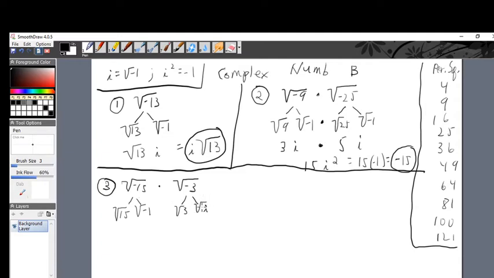This is the square root of 15 i, times the square root of 3 i. The square root of 15 times the square root of 3 is the square root of 45. i times i is i squared.